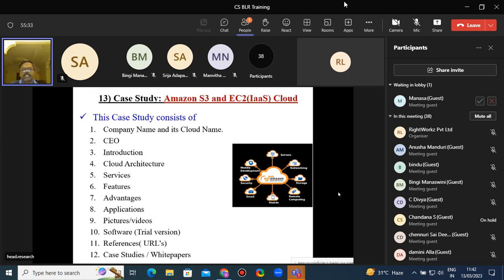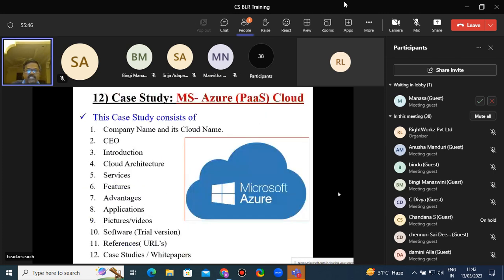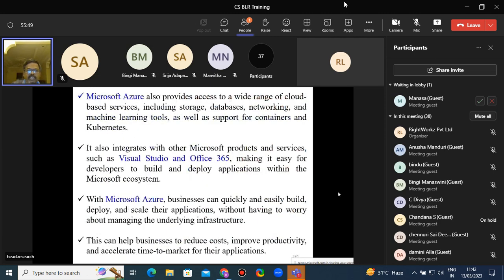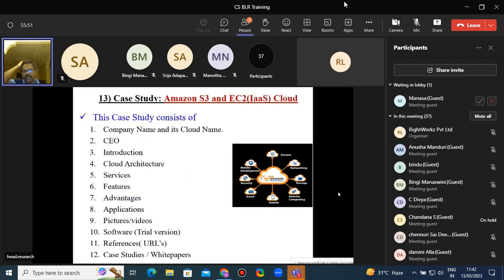Then the 13th concept is Amazon S3 and EC2, which come under infrastructure as a service. This case study consists of the company name and its cloud name.